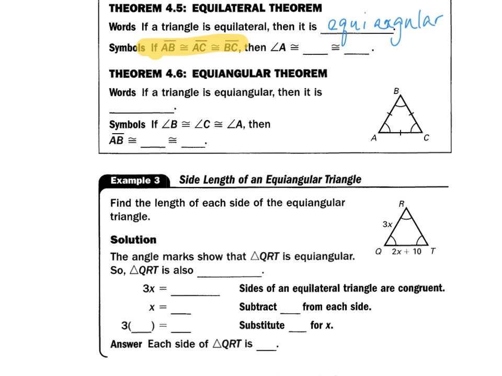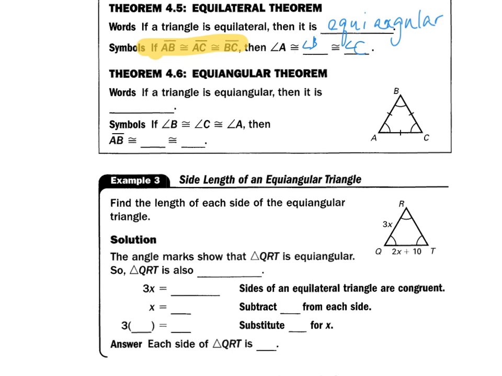If the three sides AB, AC, and BC are congruent, then angle A, angle B, and angle C are all congruent to each other, as illustrated in the diagram below. That's the Equilateral Theorem.